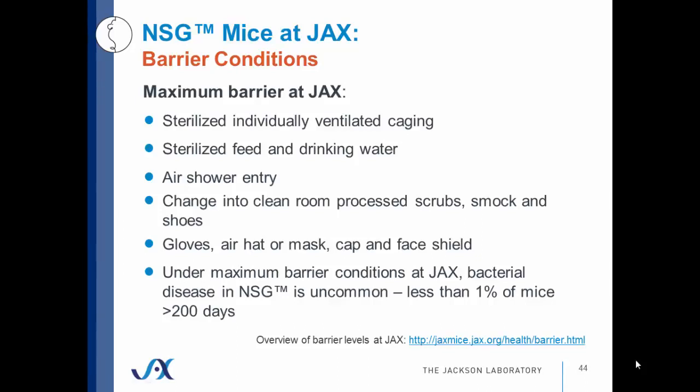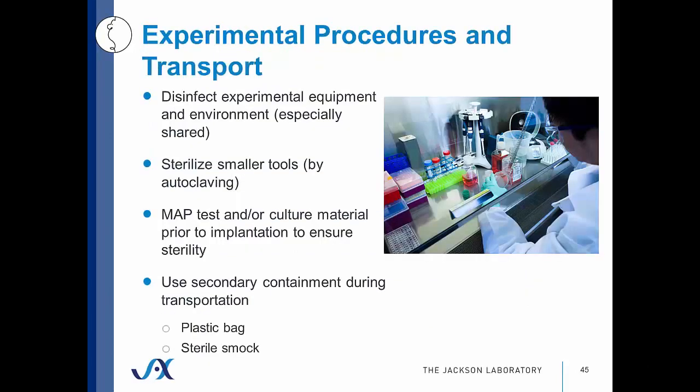Finally, all personnel use gloves, as well as an air hat or a mask, as well as a cap and a face shield. And using these maximum barrier conditions, bacterial disease in NSG mice has been observed less than 1% of the time. It really just shows you that a lot of prevention goes a long way in preventing pathogenic infection.